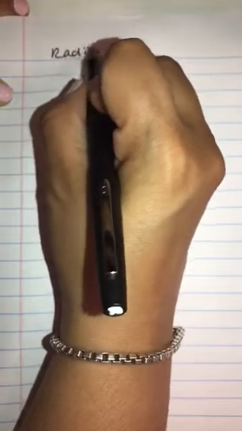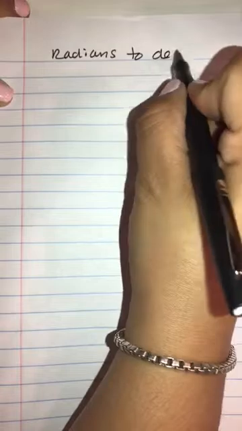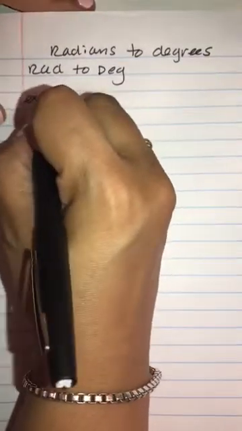Okay, so now we're going to go radians to degrees. So it's radians to degrees. This is example 3.